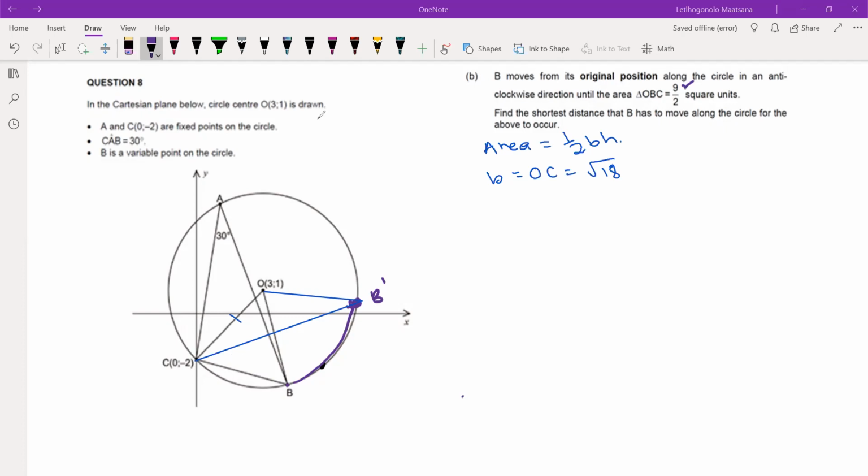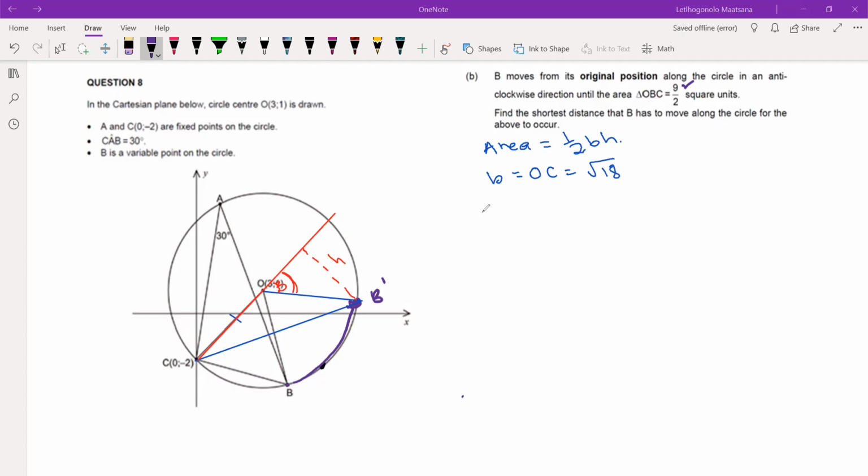So what we're going to do is extend out this line here, okay? And then our perpendicular height for this triangle will be that one over there. So that is H. Now to find H, we're going to have an angle here. So that angle is, let's give it a name, beta.